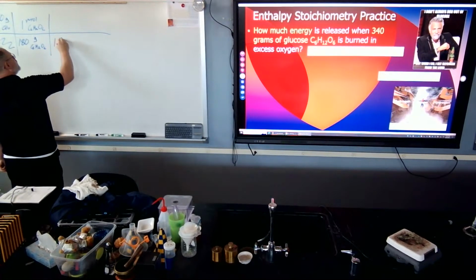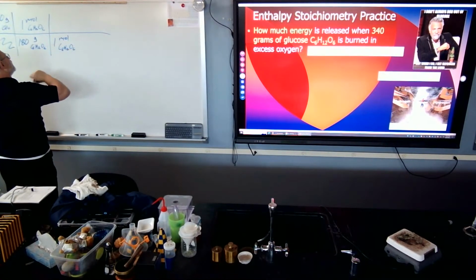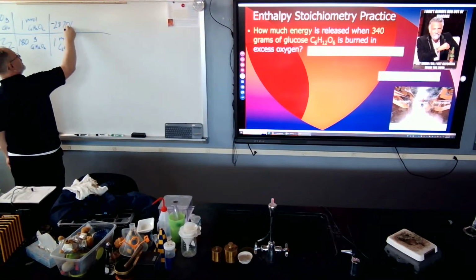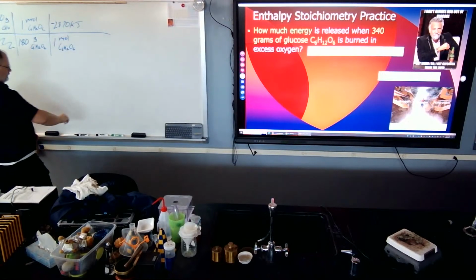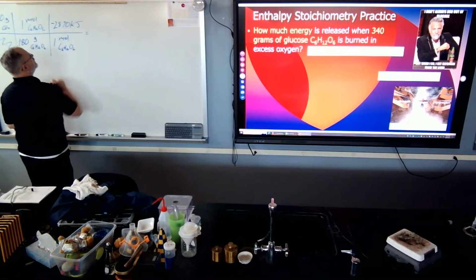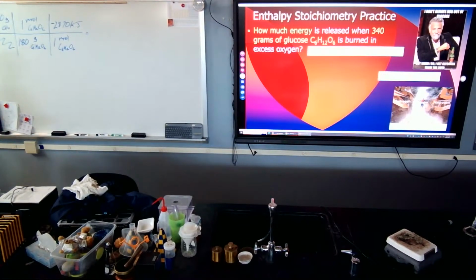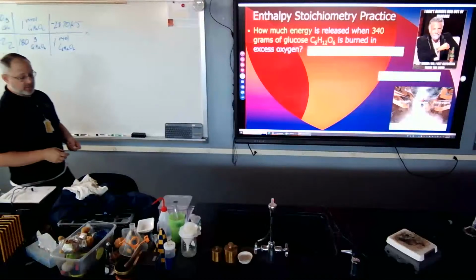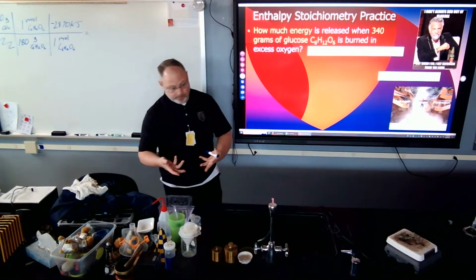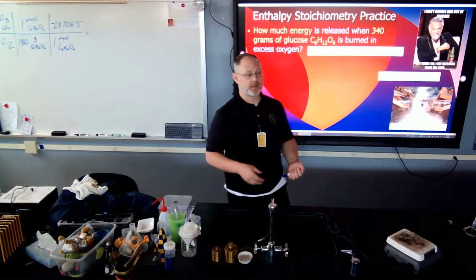So 1 mole of C6H12O6 releases negative 2870 kilojoules. And we math it. This will tell us how much energy, if everything was perfect, we're going to produce by burning our 340 grams of glucose.